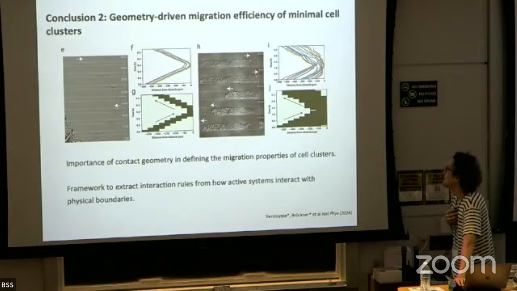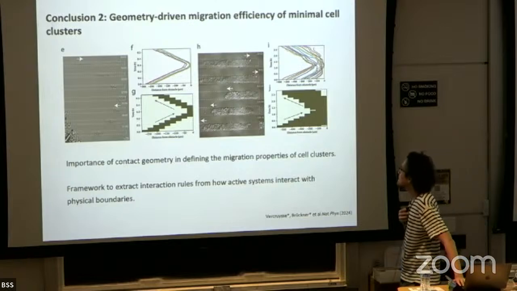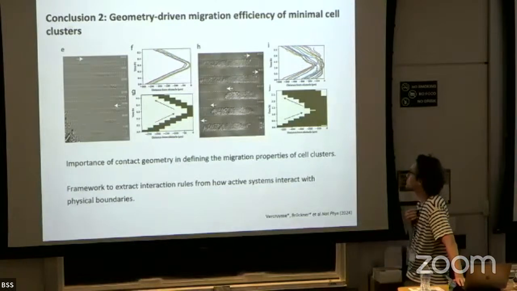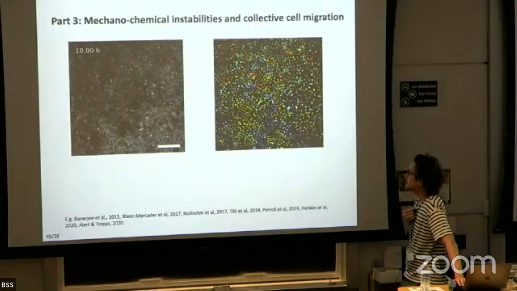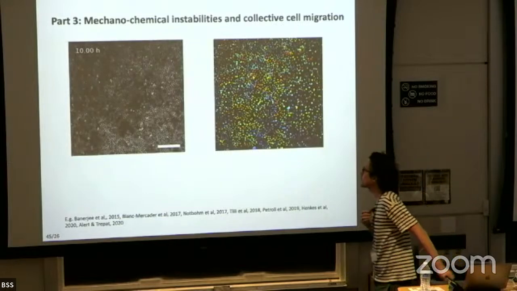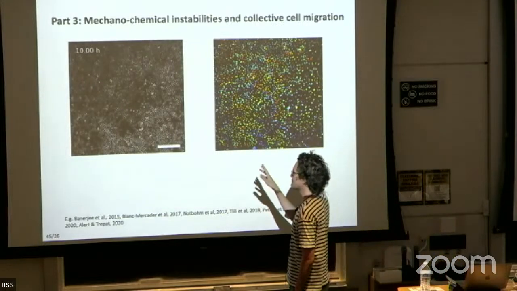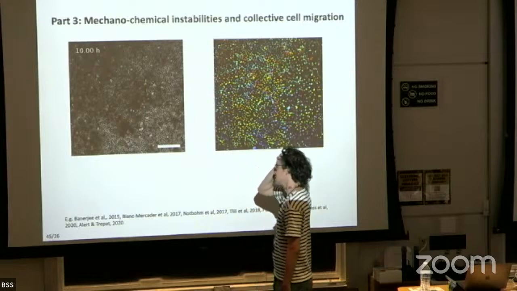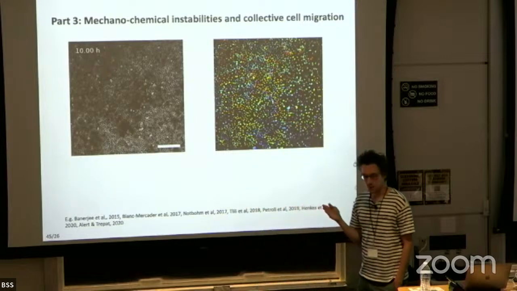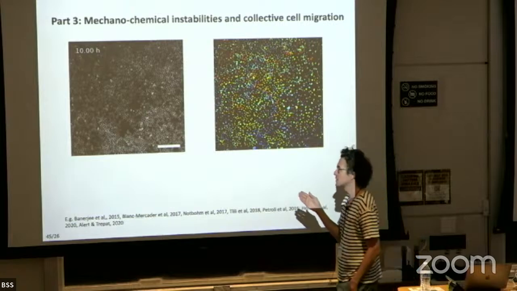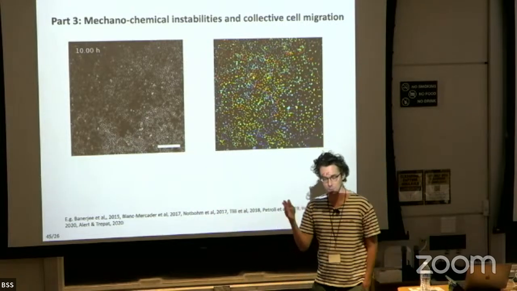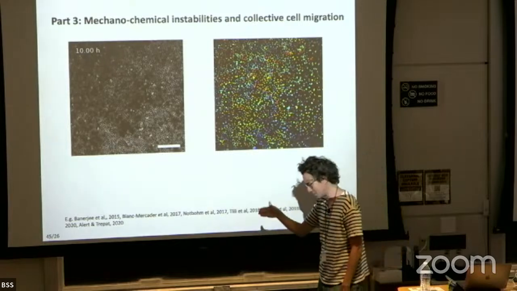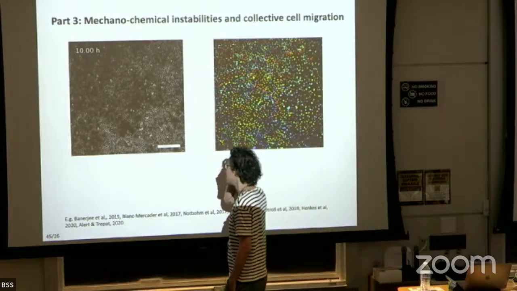Yes. Okay. So the last thing I'm going to talk about is, I'm going to shift gear a little bit and go to a slightly different scale. Everything I've discussed so far were purely mechanical models. There have been a lot of theories on this: isotropic active matter, polar active matter, nematic active matter.